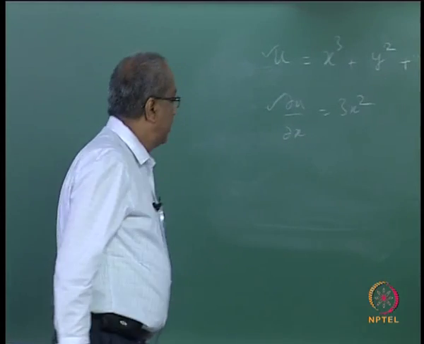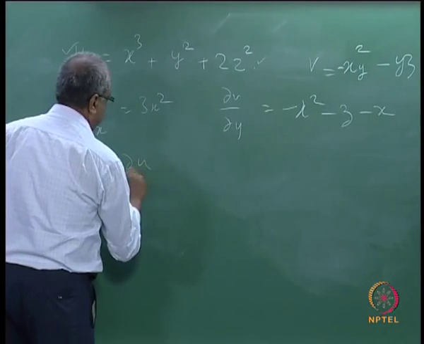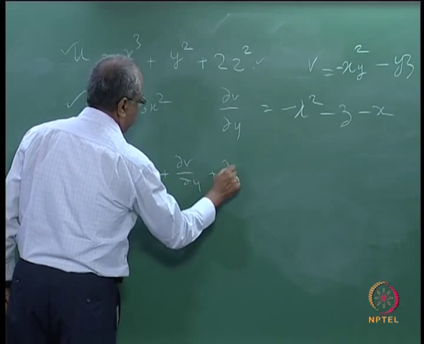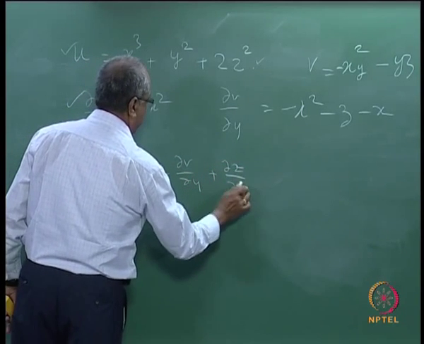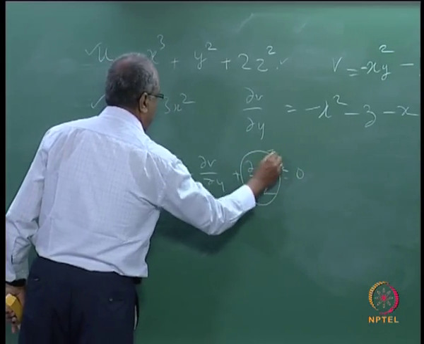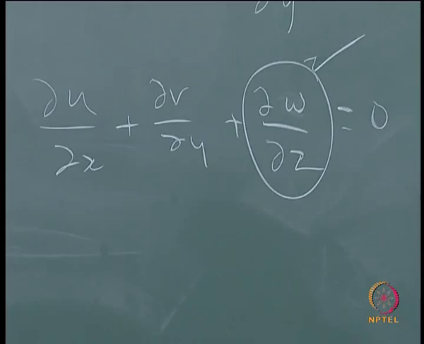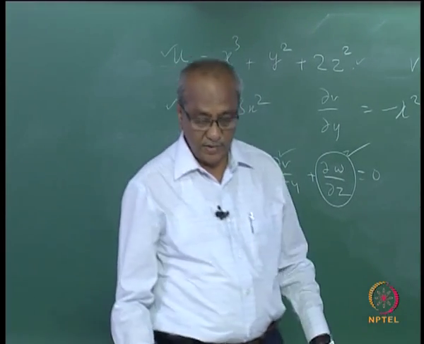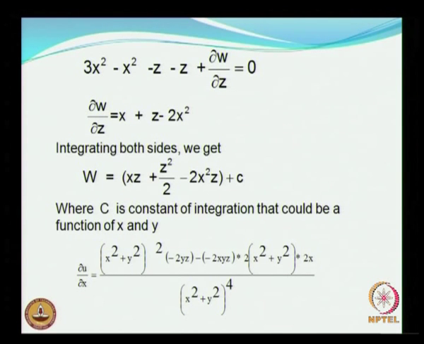So you know that the continuity equation, so we need to know this, because this is known, substitute in this equation which is the continuity equation, and then you will get dou w by dou z equal to so much, and integrating both the sides you will get this one where c is the constant of integration.